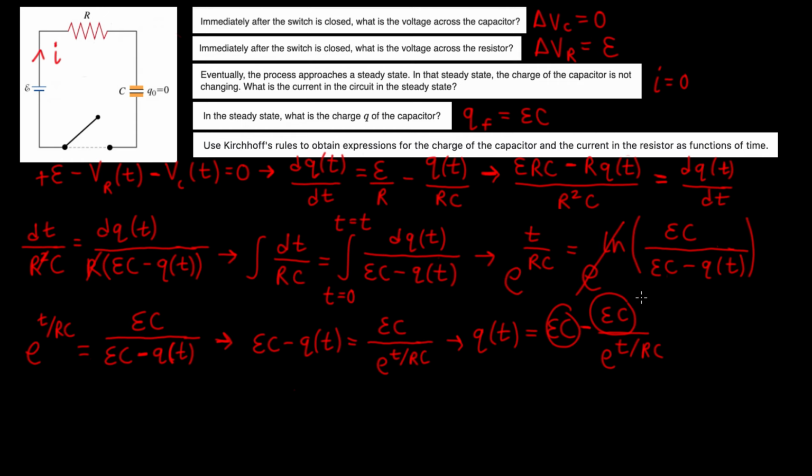Both of them have a C and a voltage of the battery in common. So we can factor those two variables out. And also notice how I have e in the denominator. I can bring that to the numerator by negating the power. Or I can just flip the sign on t divided by RC, making it negative, and that would bring that to the numerator. So let's factor out the common variables.